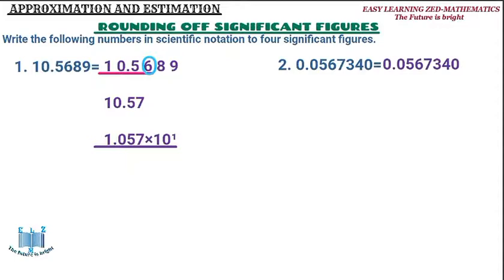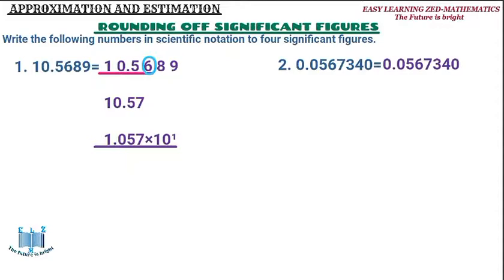If you are not conversant on how to identify significant figures, you can check our videos. We have videos on our playlist about rounding off and also significant figures. So we need to identify the significant figures. To do that, we need to bear in mind those three important rules we follow.